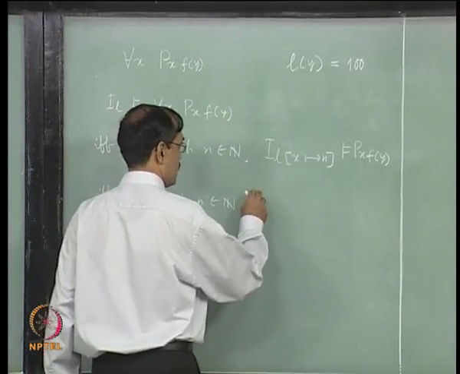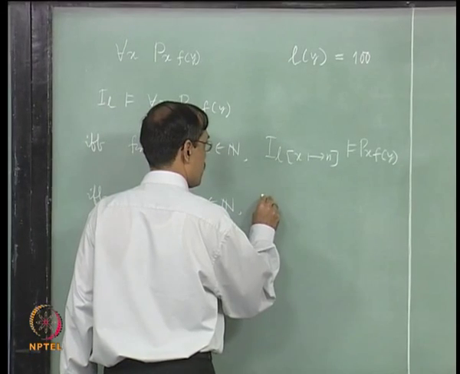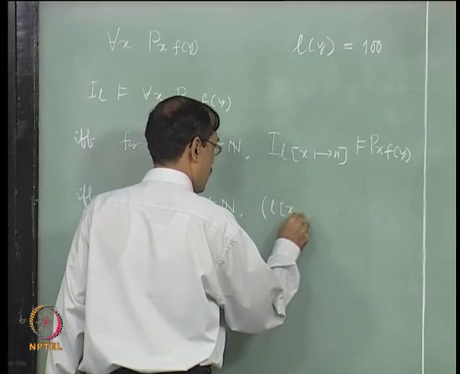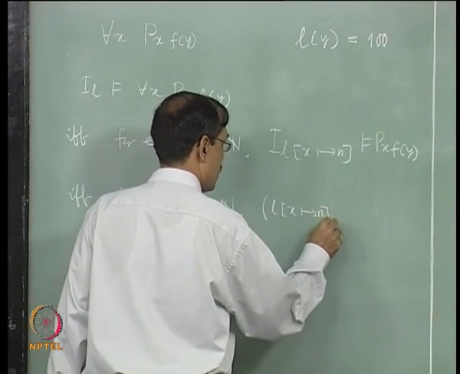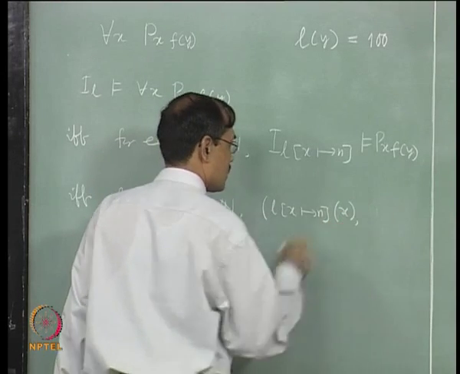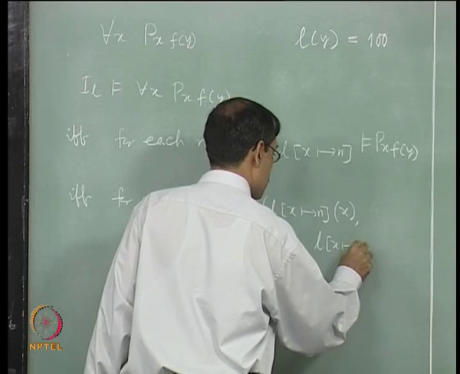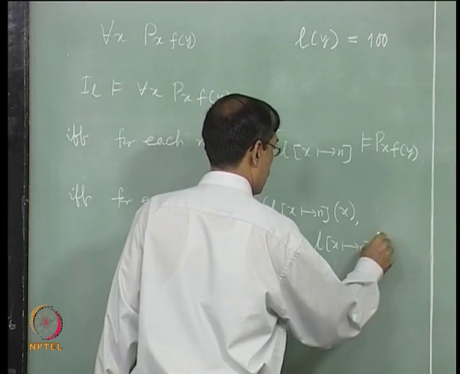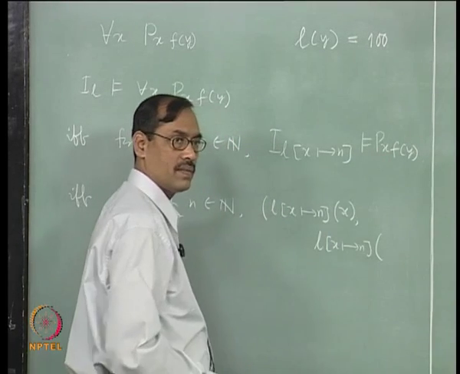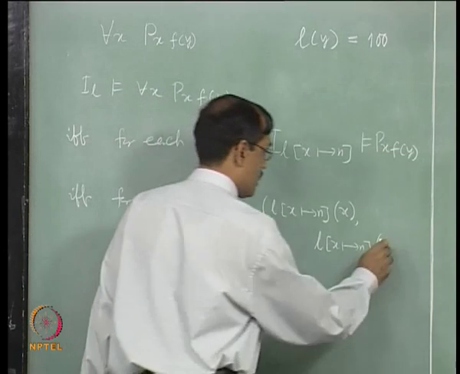So, if you go for that, it will look like if L x fixed to n of x, comma L x fixed to n of f of y, right.